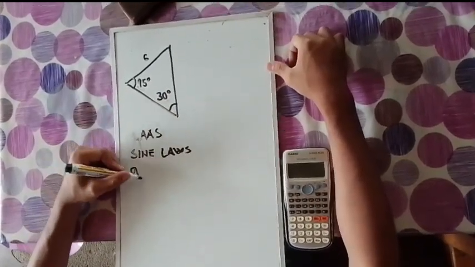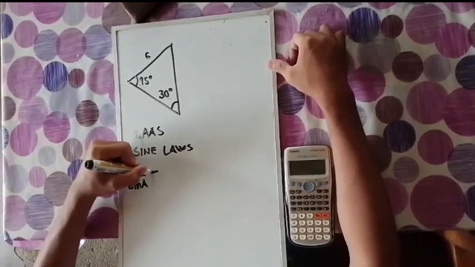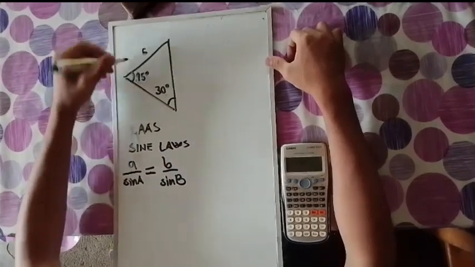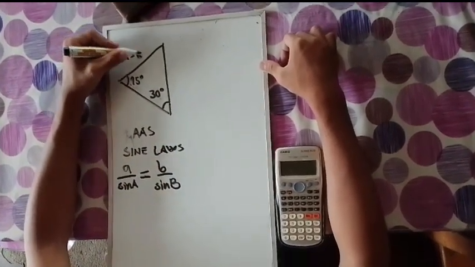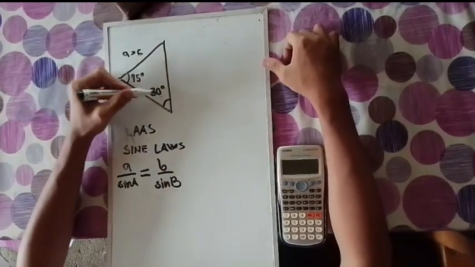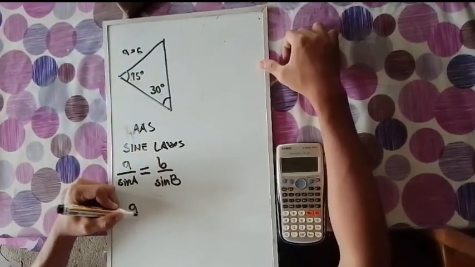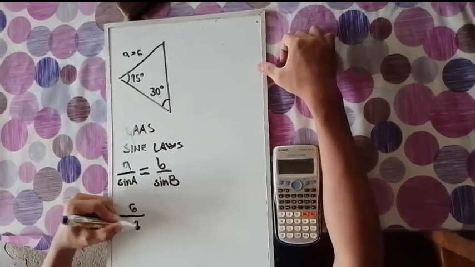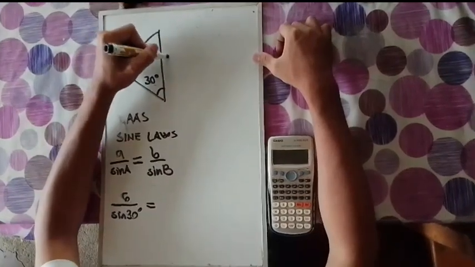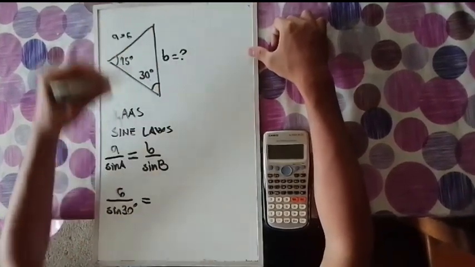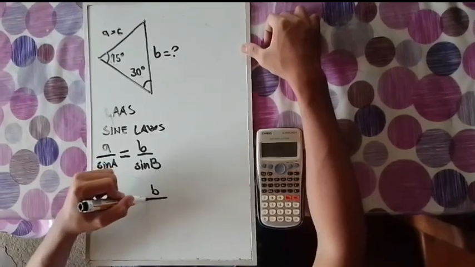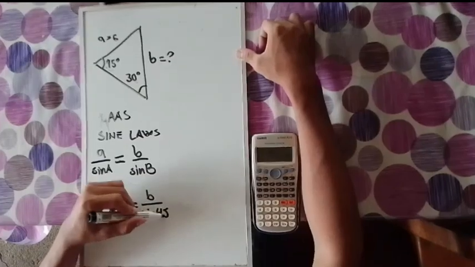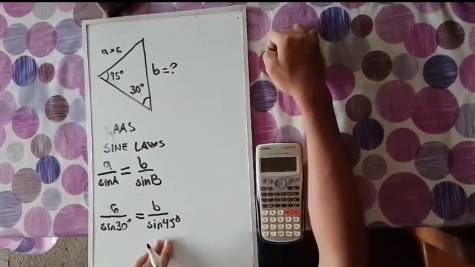So I'm going to use a over sine A is equal to b over sine B. I'm going to assign 6 as side a, so that automatically means that 30 degrees is angle A. So 6 over sine 30 degrees is equal to b over sine 45 degrees, where b is not given, so we are going to solve for b. This is what we need to solve.